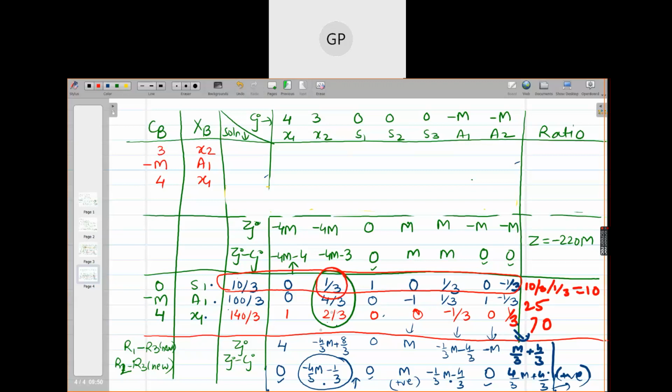So we have to reduce it to 1. This is 4/3, I'm sorry. This is 4/3 element, and this is your pivot element, 1/3.